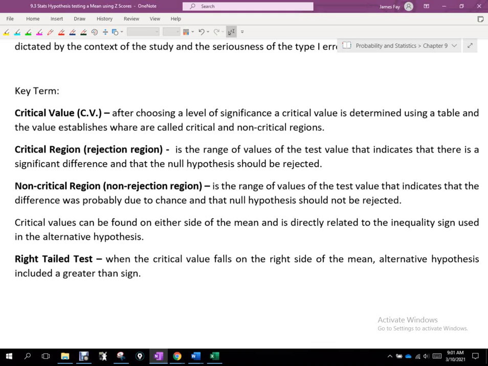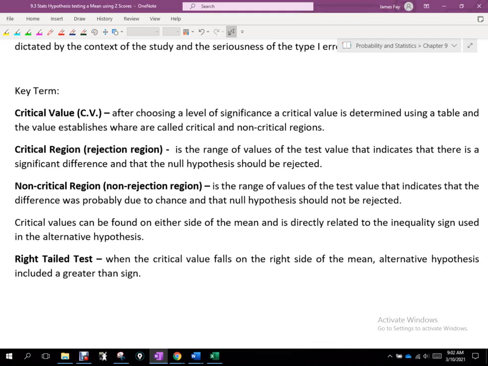If it lands in the already predefined critical regions, then you reject the null hypothesis. If it does not fall in the critical region, then it falls in the non-critical region, where you fail to reject the null hypothesis. It's the range of values of the test value that indicates that the difference was probably due to chance.